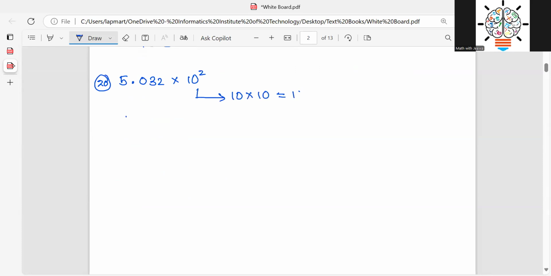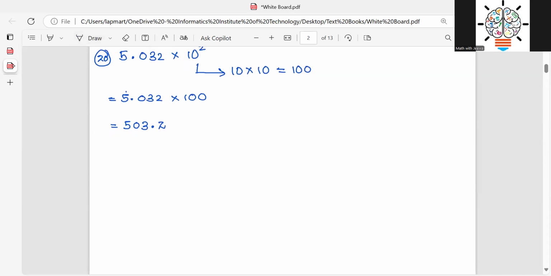So that is 100. Okay. So then here I have 5.032 multiplied by 100. So then the answer will be 503.2. Okay.